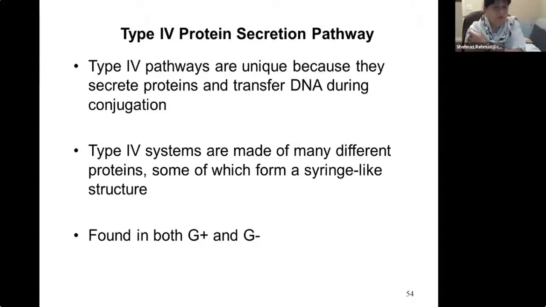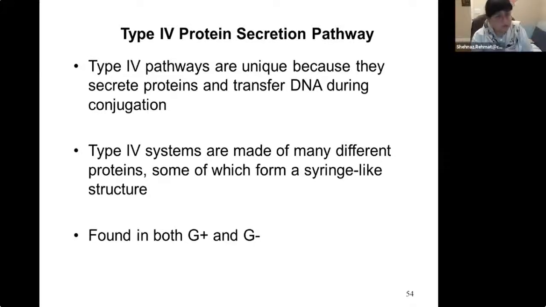We move on to the type 4 protein secretion pathway. This is a unique pathway in a way because it not only secretes proteins, but it transfers DNA during conjugation. When we talk about conjugation, DNA from one cell, the donor cell, goes into the recipient cell, and this DNA has to be transferred across the membranes from one cell to the other.